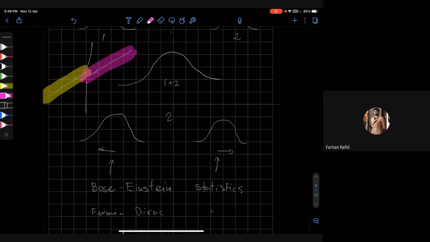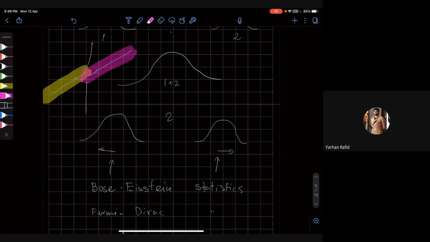Okay. The interesting thing is that the predictions for distinguishable and indistinguishable particles are different. At some point you will learn about this in more detail.